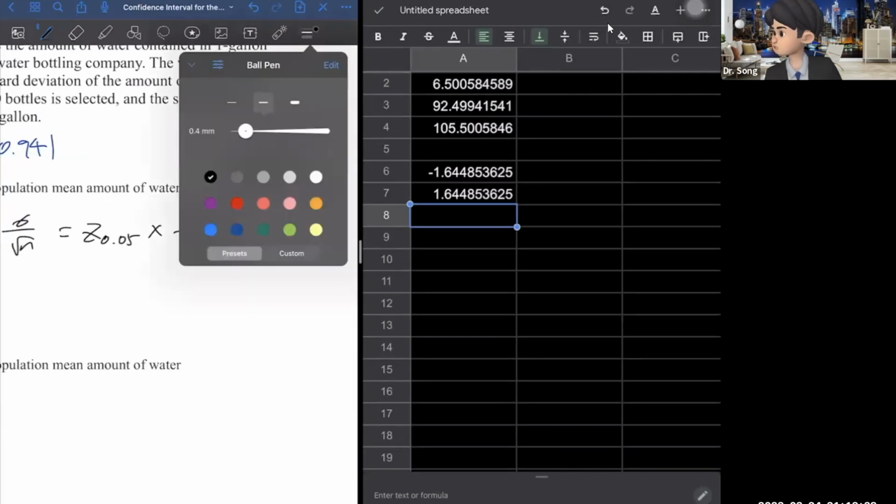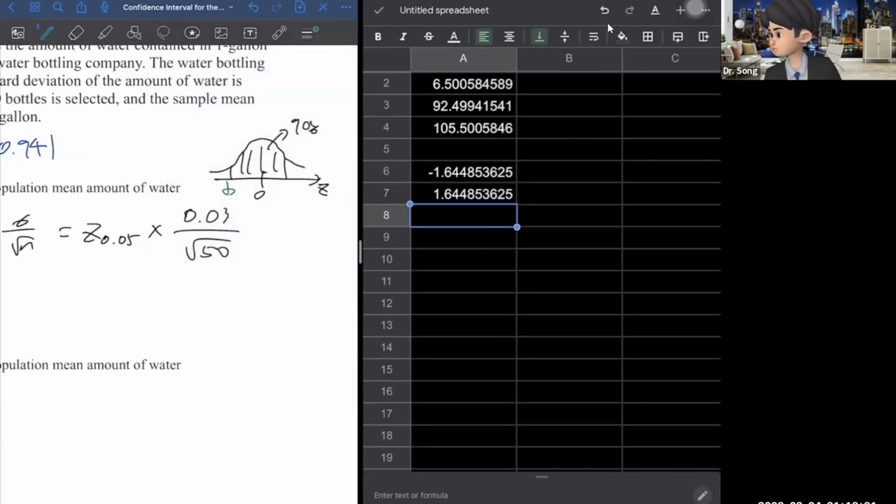And what I found is that the negative critical value, negative 1.645 up to 3 decimal places, and this is 5%, and this is 5%, and I found the positive one too, 1.645. So that's why the first one I put the 5%, then I got this negative 1.645. The second one, the positive one, I put the 0.95. That's why I got the 1.645.